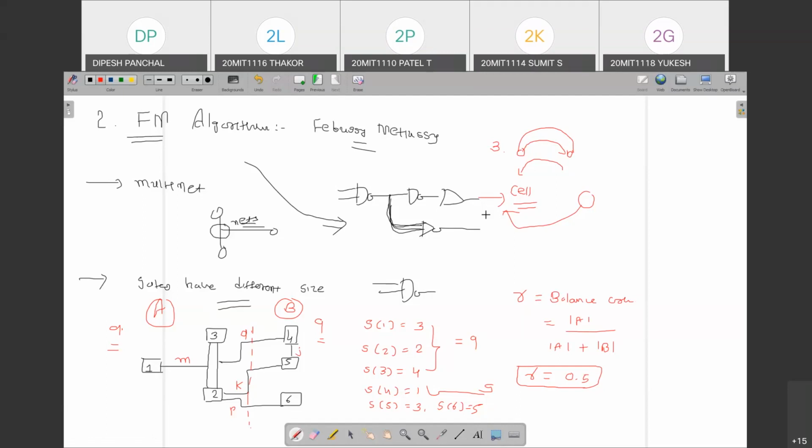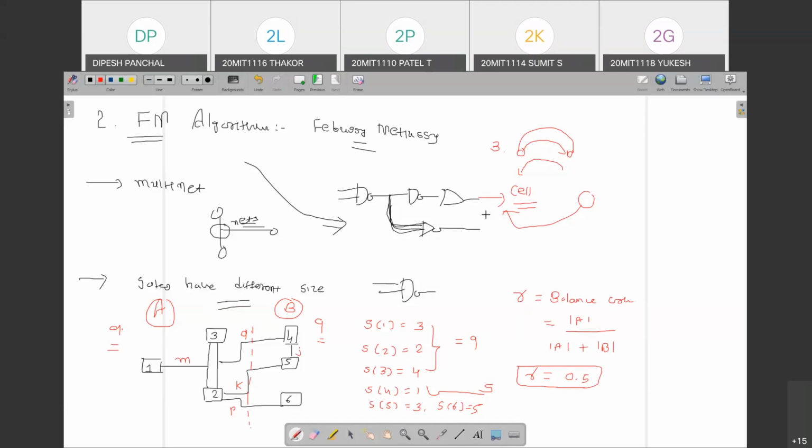You are audible now. Sir, in this figure can we swap 1 and 4? I said that you have to work on an individual cell. You can move one from here to here, but at the same time another node from the other partition is not allowed.